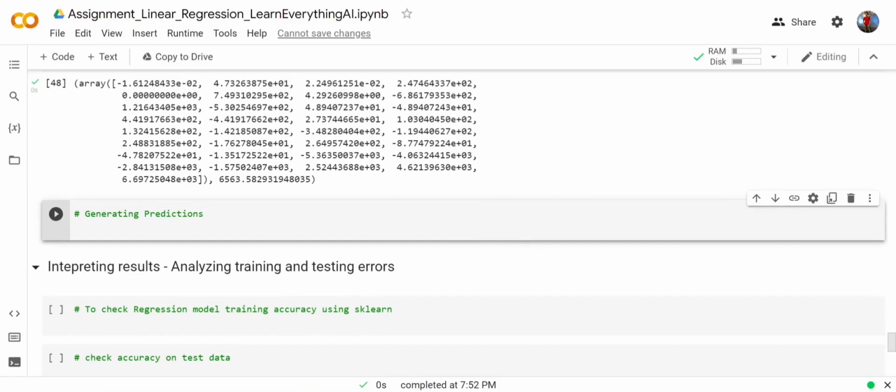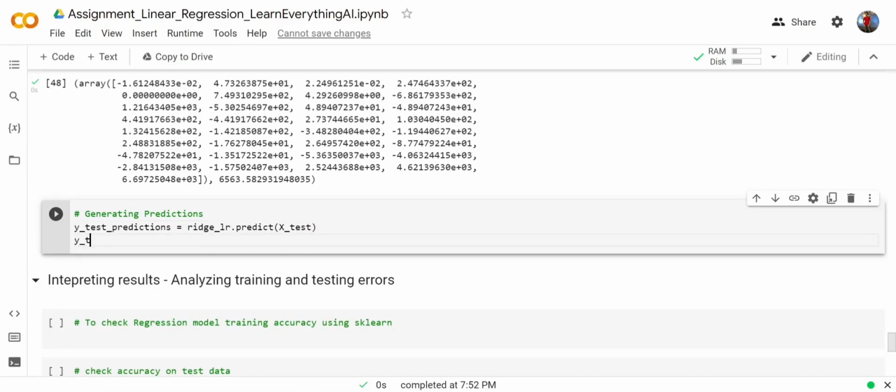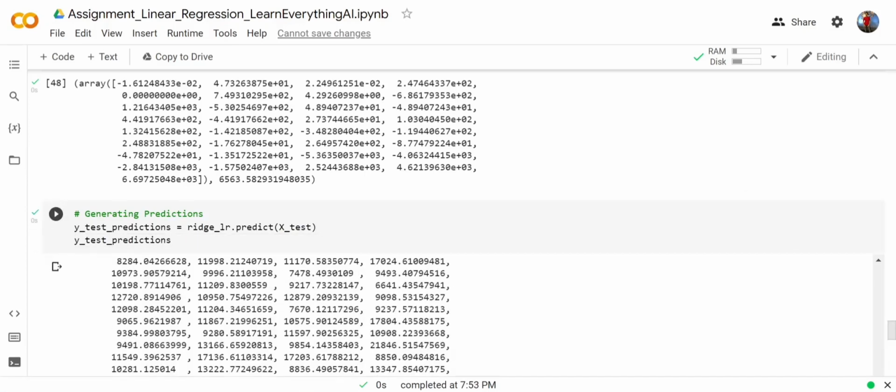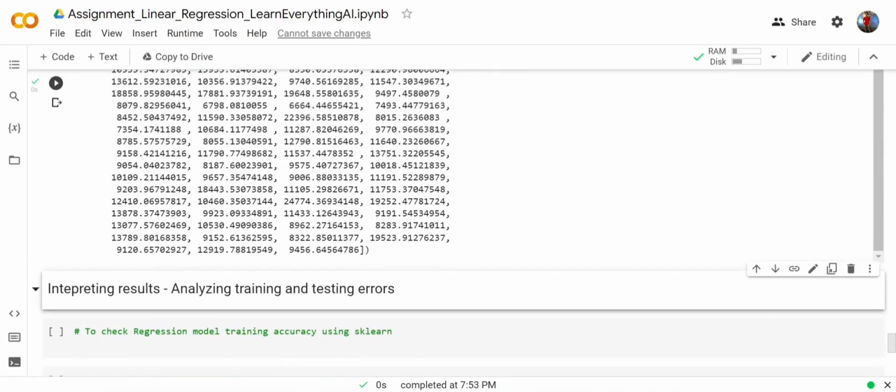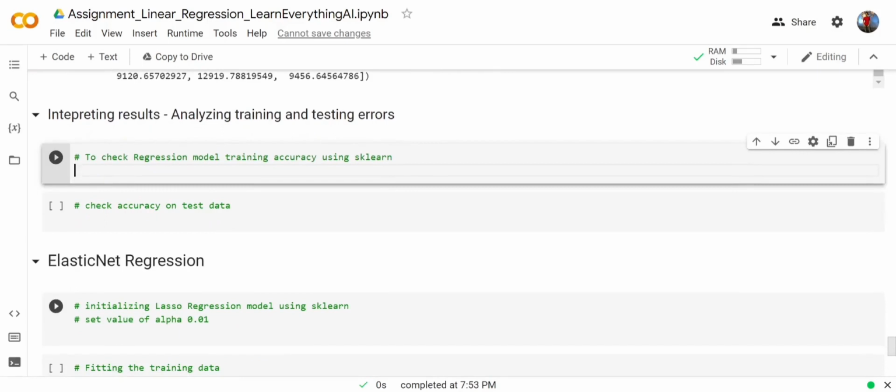So now let us generate the predictions. And now we'll do the error analysis.